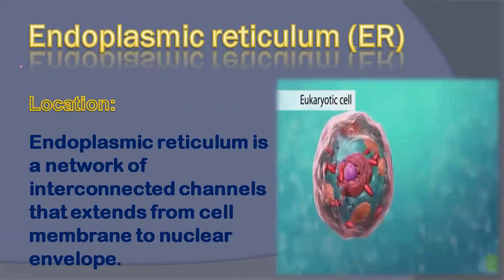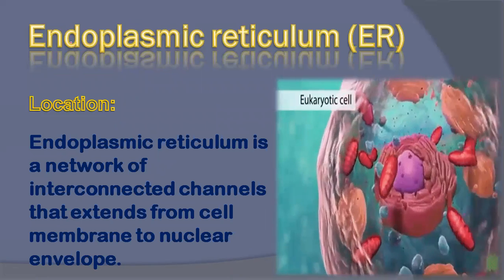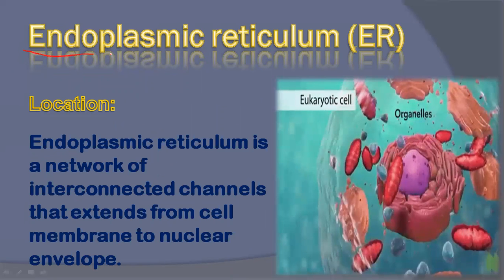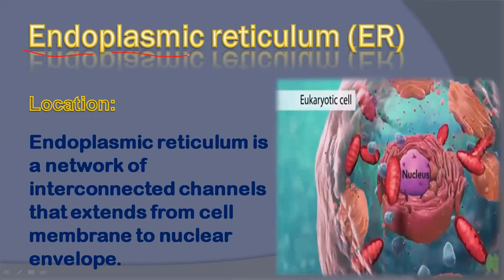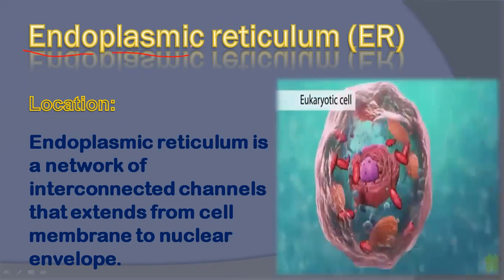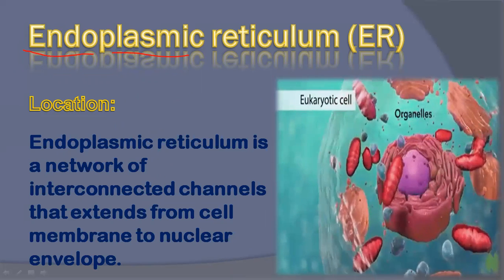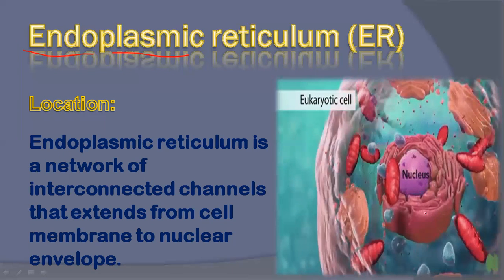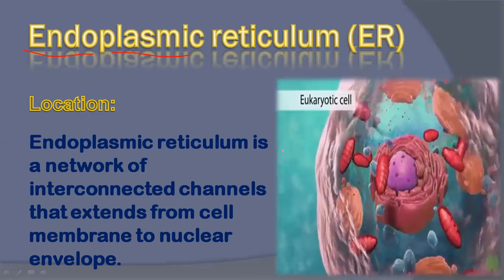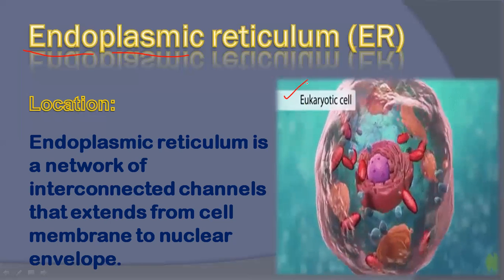Now we'll talk about endoplasmic reticulum. Endo means inside, plasmic means plasma or cytoplasm, which is present in them. Reticulum means the connections which are formed in the cell, and they are present in eukaryotic cells.